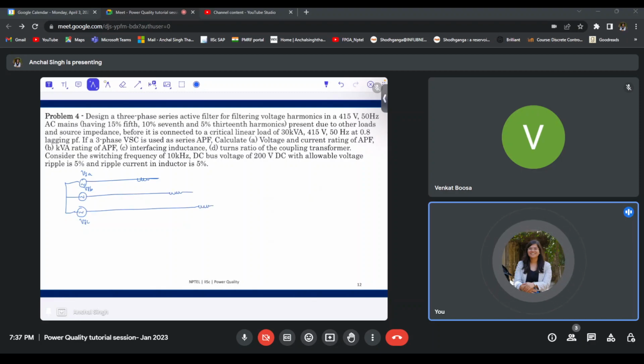These are the primary windings of the coupling transformer, and all three of them will be connected to a load that will be a three-phase, three-wire linear load.